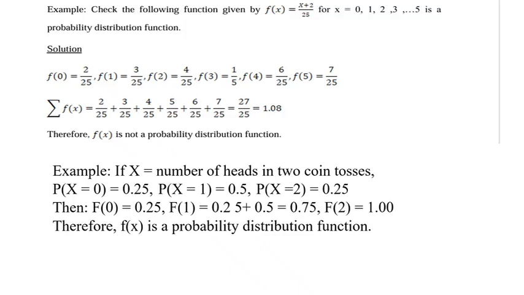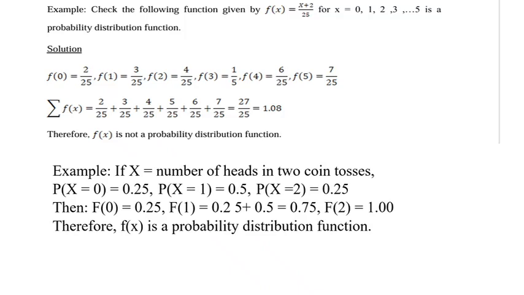When you add all these together, it gives 27 over 25, which is equal to 1.08. Therefore, f of x is not a probability distribution function, since it does not sum to 1. Since it is greater than 1, f of x is not a probability distribution function.